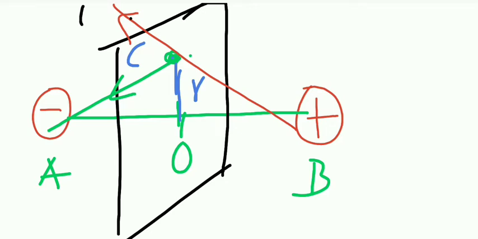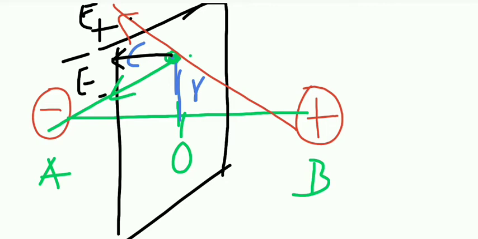This is E plus, and this is E minus direction. So the total electric field will be in this direction. We have studied vector addition.